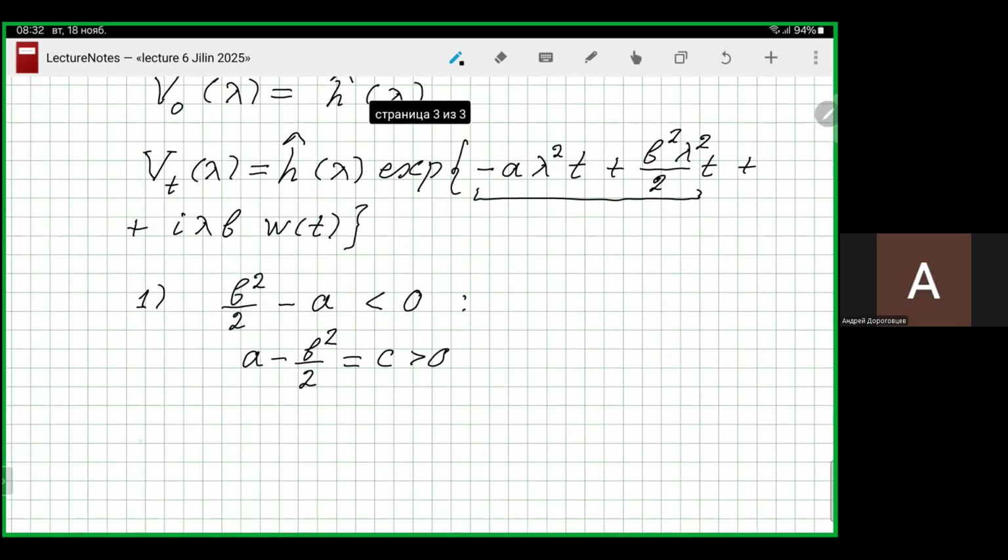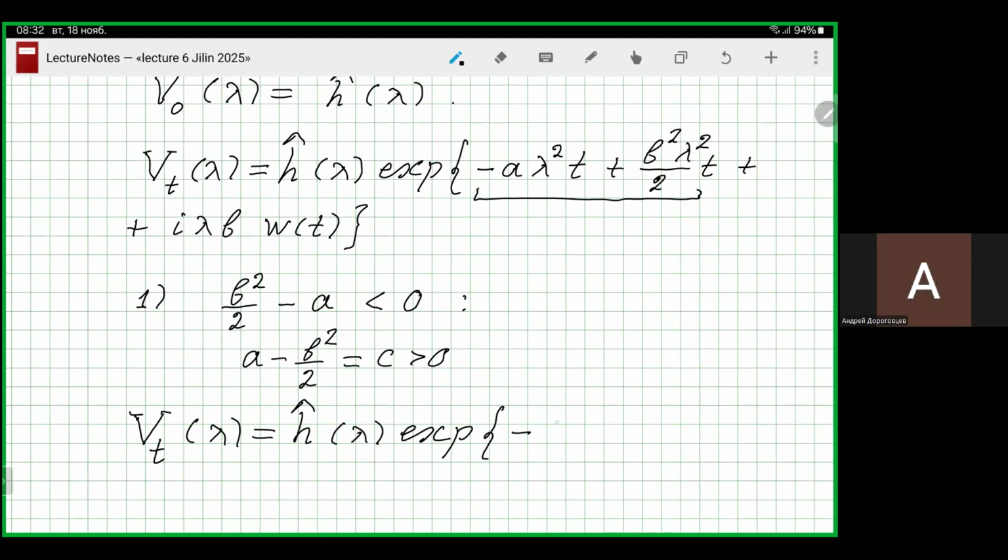Then the representation of the Fourier transform of our solution is the following: h hat of lambda, exp.